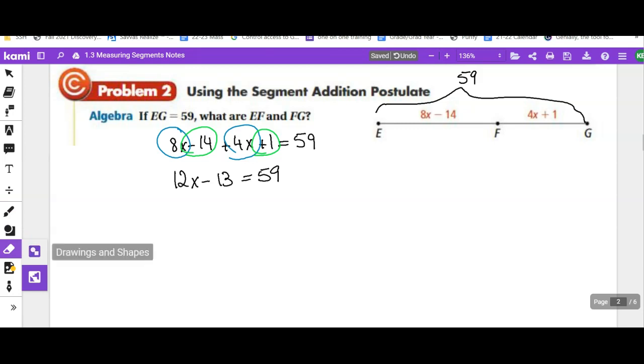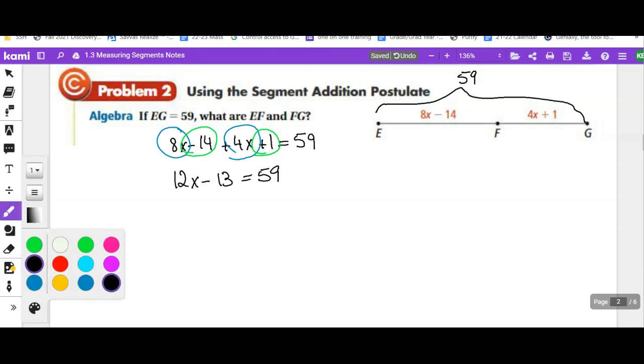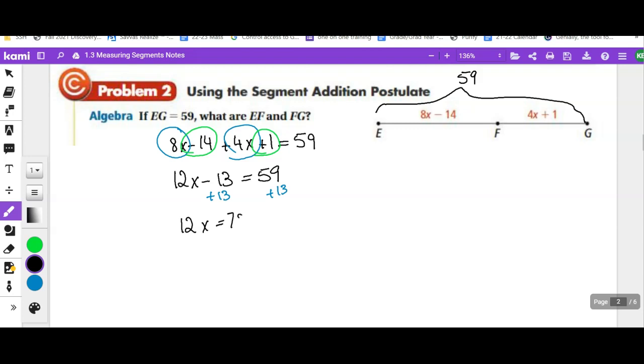So who's in the way? 13's in the way. So I'm going to add 13 to both sides. So now I have 12x is equal to 59 plus 13, which is 72. So now I have to divide both sides by 12. So x is equal to 6.